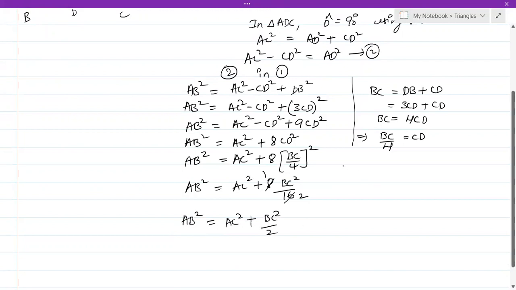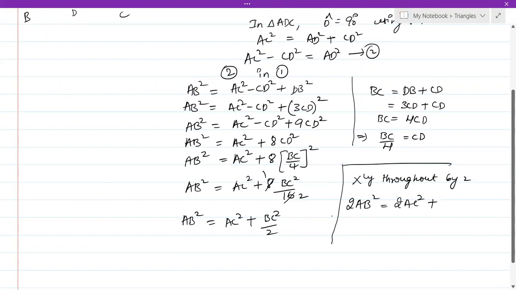So what I'm going to do is, let me solve here, multiplying throughout by 2. If I multiply throughout by 2, what do we get? 2 into AB square, 2AB square, 2 into AC square, 2AC square. If I multiply 2 for BC square, it becomes like this, isn't it? 2BC square divided by 2. 2 gets cancelled.